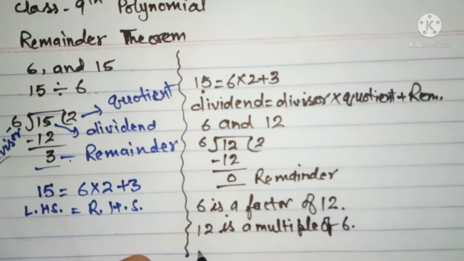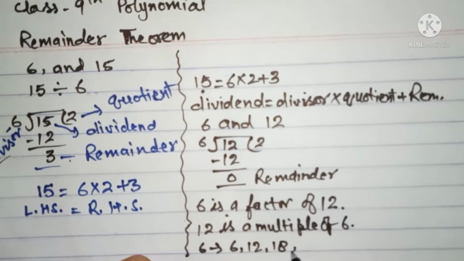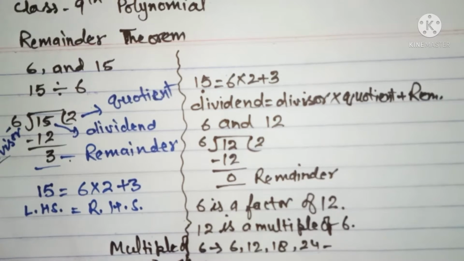Recite the table of 6: 6 ones are 6, 6 twos are 12, 6 threes are 18, 6 fours are 24. These are multiples. And if we want to get the factors of 6, all those numbers by which 6 is divisible will be the factors of 6.